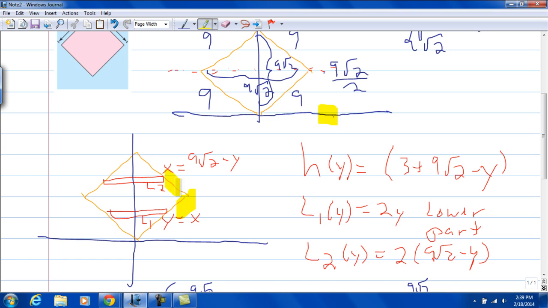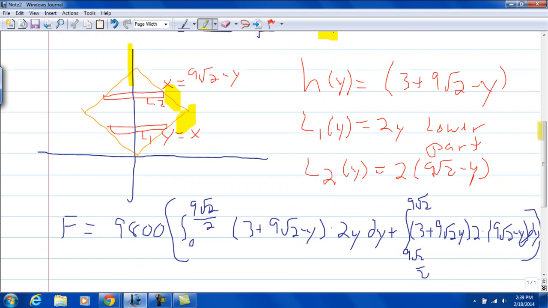For the upper part, this line is defined by x equals 9 root 2 minus y. You could think of this as y equals 9 root 2 minus x, and solving for x we get this equation. It goes from this to 0, and we double it.